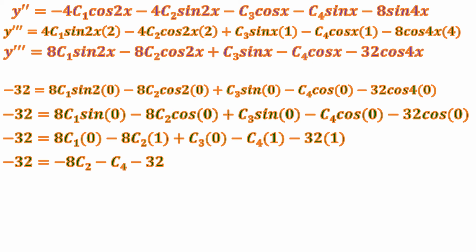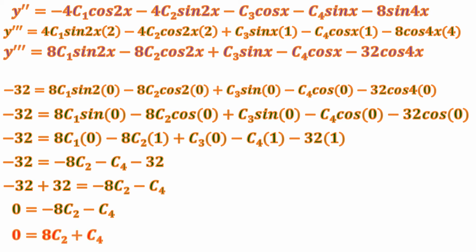And then we are left with negative 8c2 minus c4 minus 32. Then we'll transpose that negative 32 to the other side. So it is 0 minus 8c2 minus c4. Since it's negative, we'll divide by negative 1 to make it positive. Anyway, 0 divided by negative is still 0.